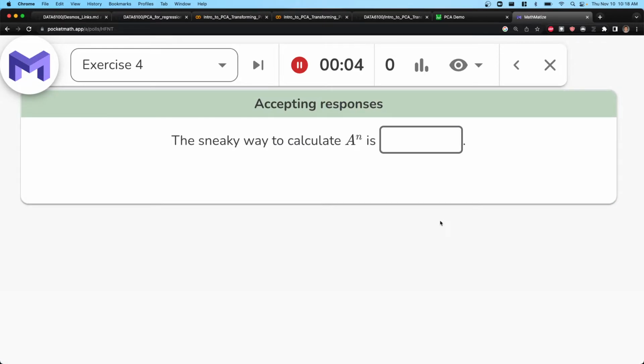Okay, so there's a box. If you have an idea, put in what you think is a sneaky way. If you have no idea, put in no idea.